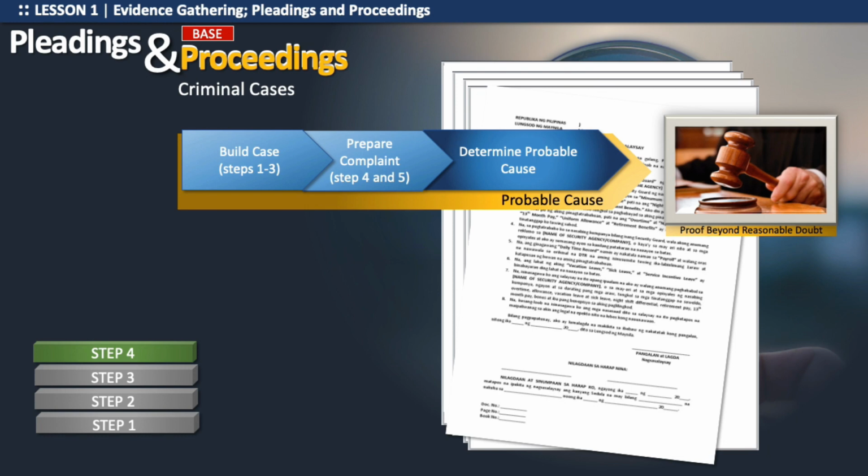And in a lot of cases, they don't go back to the investigator, or even conduct additional case buildup themselves to reach that point. So they just submit it as is and hope that the evidence for probable cause would be sufficient to also prove beyond reasonable doubt. Unfortunately, that only works about 14 to 20% of the time.